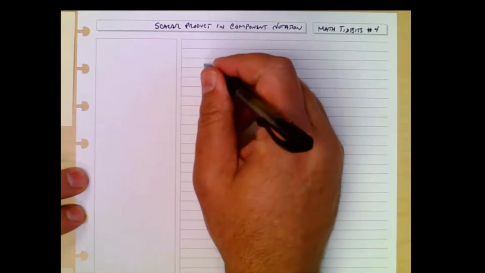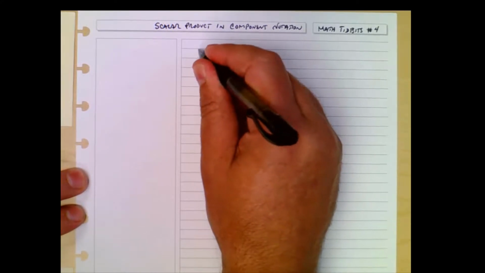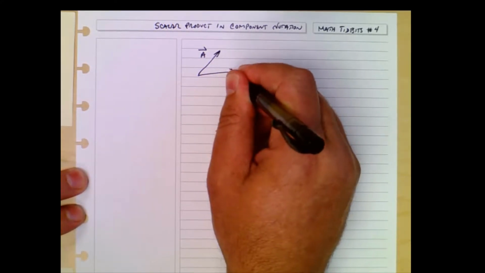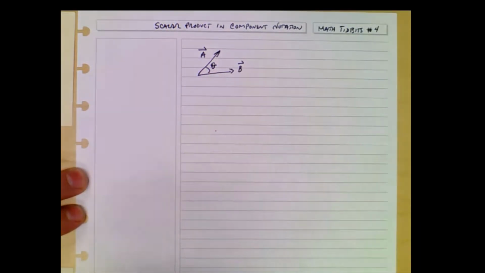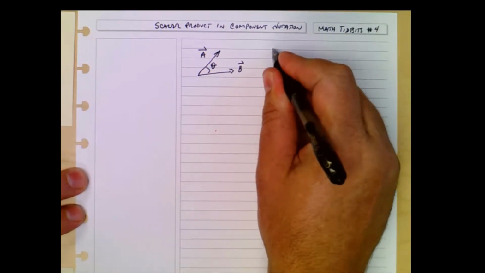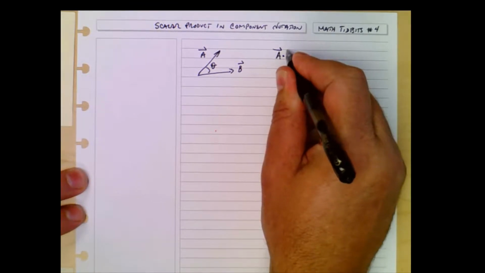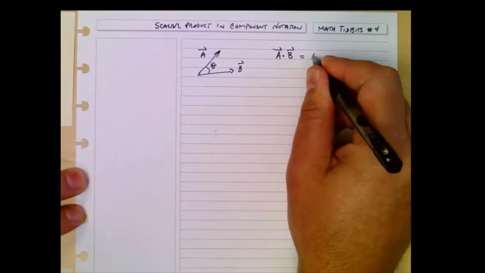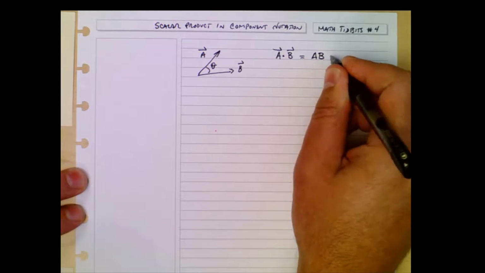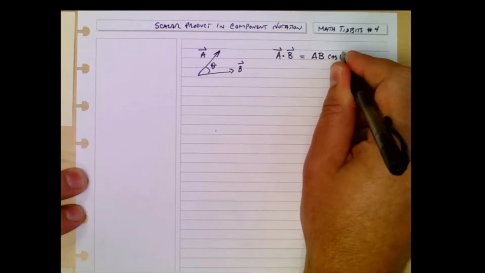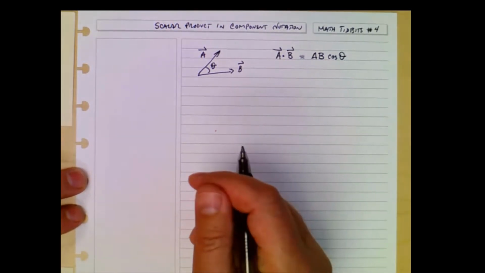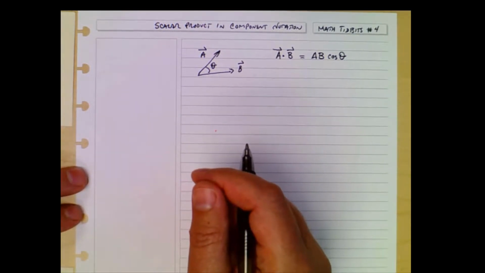you'll recall that if I have vector A and vector B, with theta being the angle between them, that the scalar product A dot B is given as the product of the magnitudes A and B times the cosine of theta, where theta is the smaller of the angles between the two.